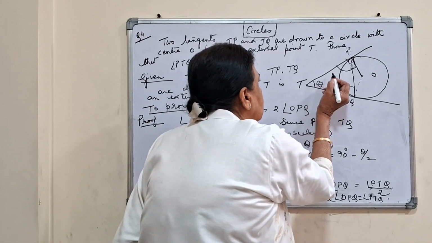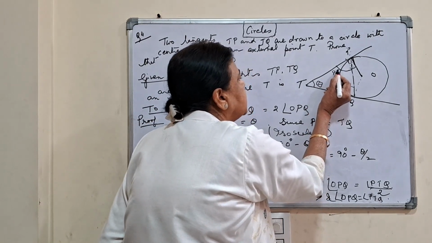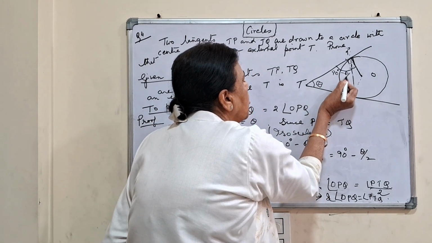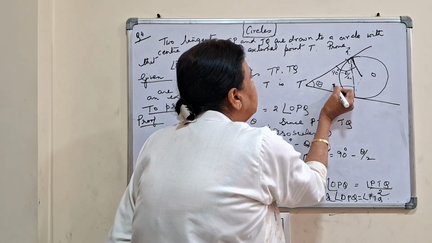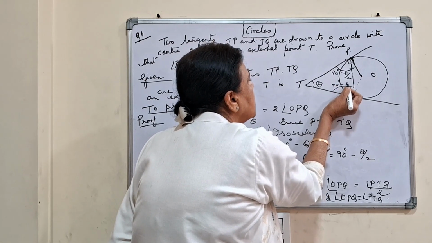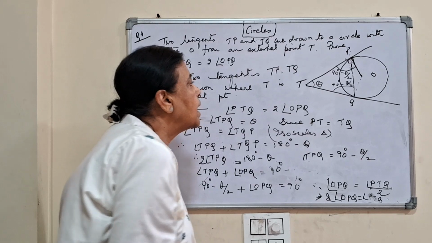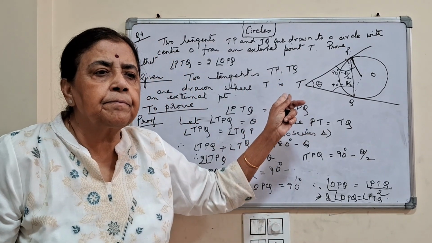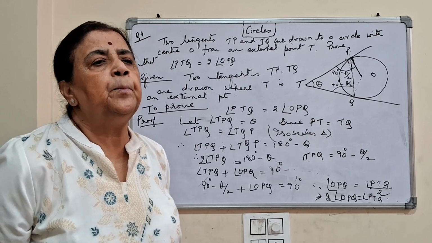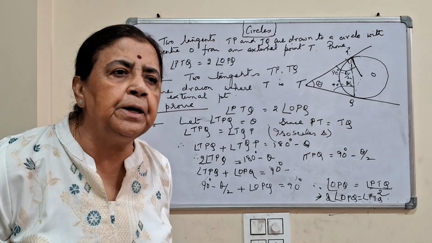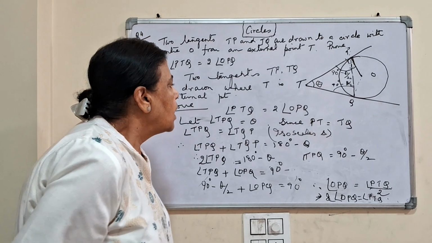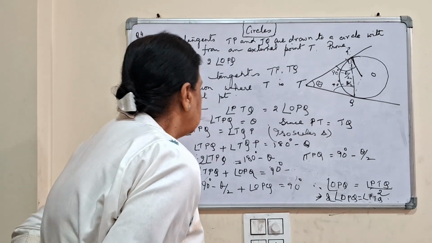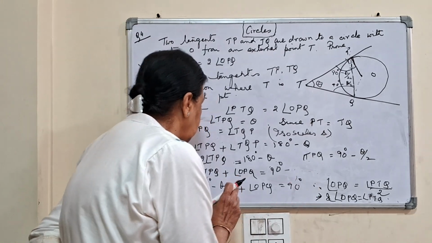So each angle will be 90 minus theta by 2. But angle OPT is 90, because the radius at the point of contact is always perpendicular to the tangent.